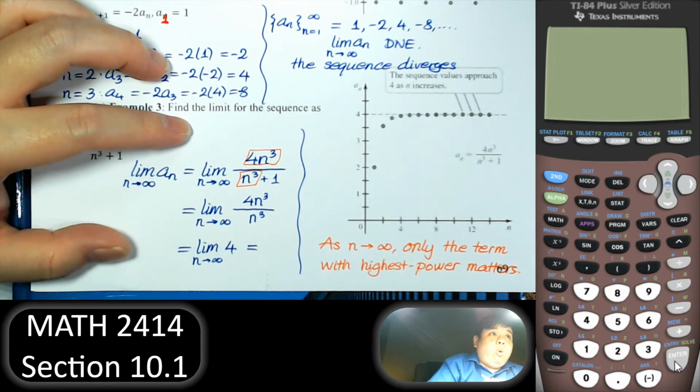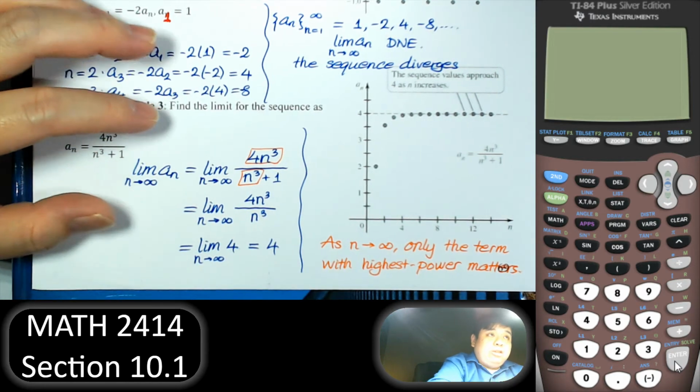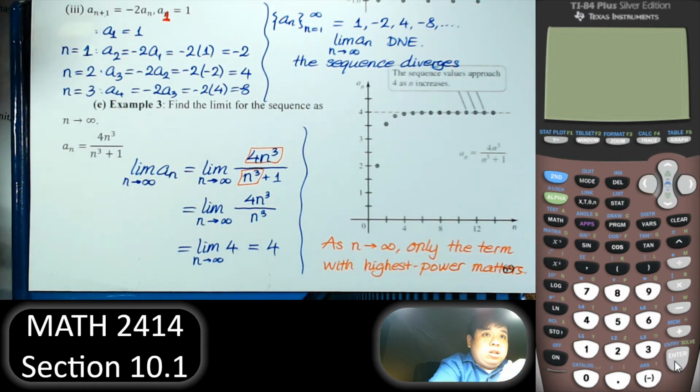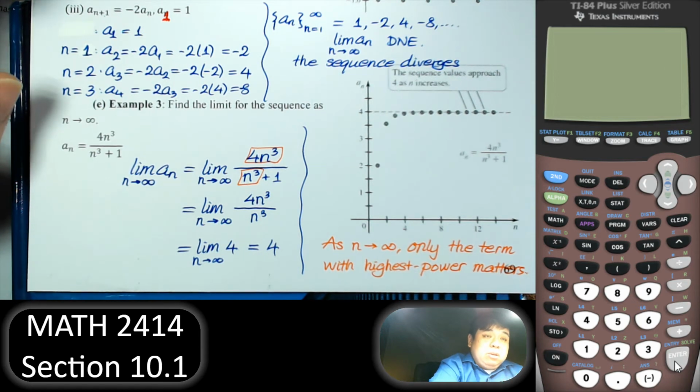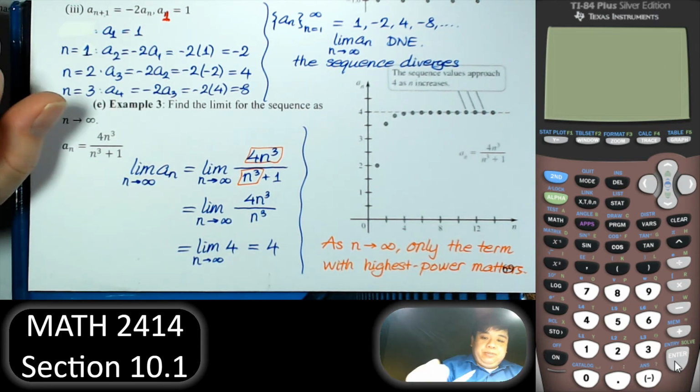And we just have 4. There's no place to put in the n, so we just say that is 4. So we say the sequence is convergent, and the limit of the sequence is 4.